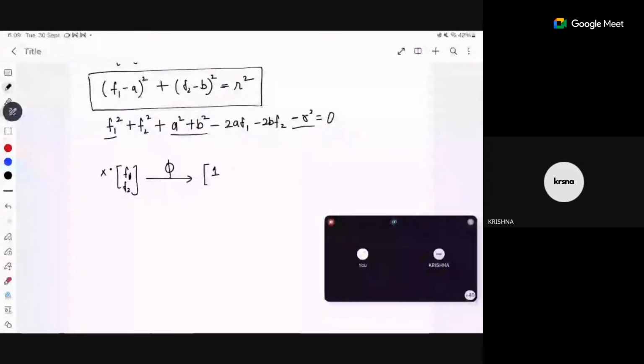So I will have f1 square, f2 square, then f1, then f2, and then the f1 f2 product. What we are saying is that there is some data point which is initially in R2. Currently this point X is in R2.